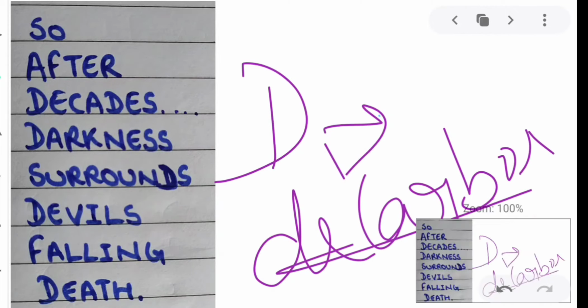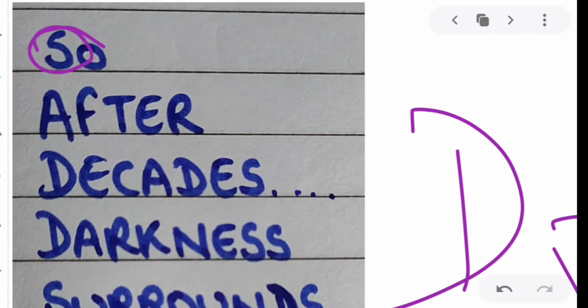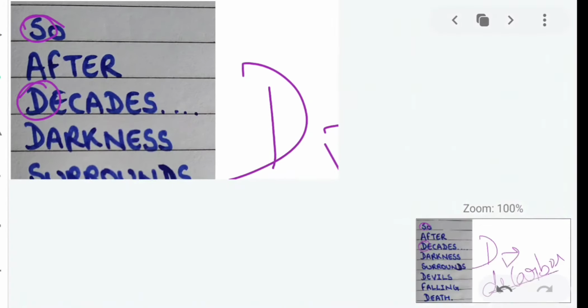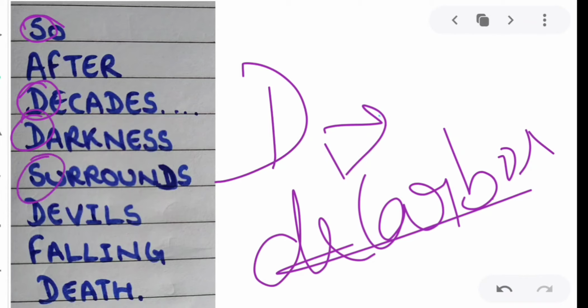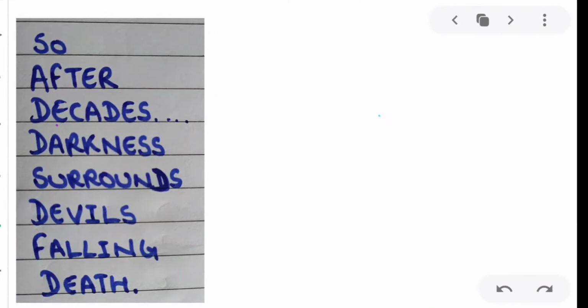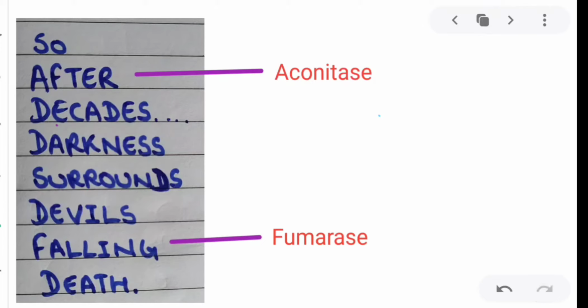The first letter is S for synthase, then D for decarboxylase, D for decarboxylase, S for synthase, D for decarboxylase, D for decarboxylase. But there are two words starting with A and F. The A in after stands for aconitase and the F in falling stands for fumarase. These two enzymes have to be remembered because they don't have a trick like synthase or decarboxylase.